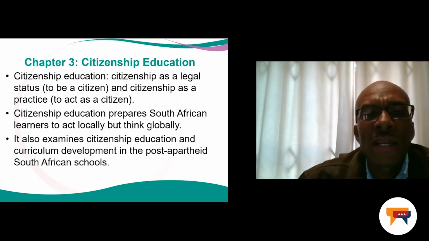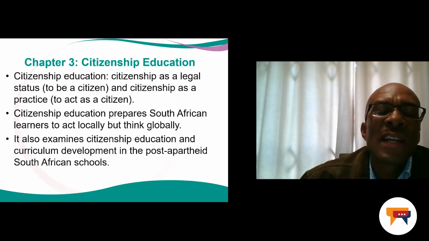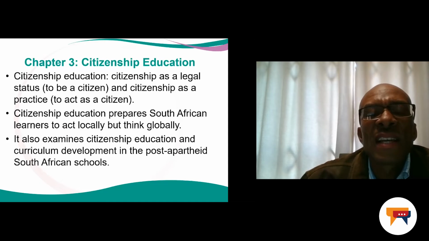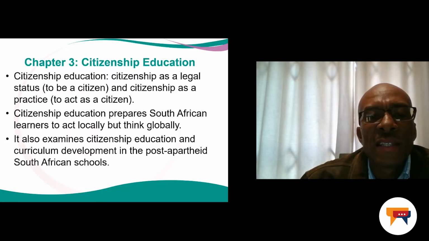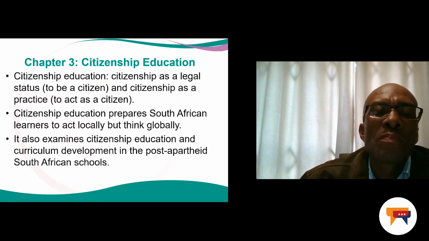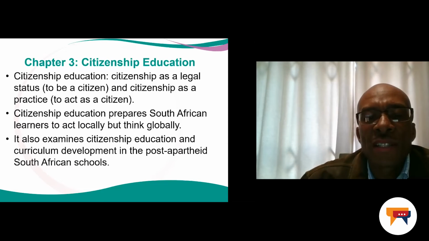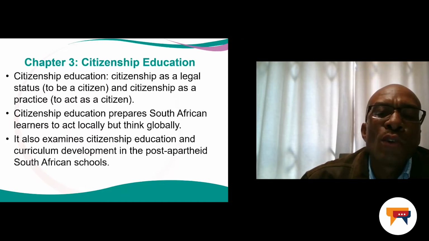In chapter 3, you'll be learning about citizenship education. Citizenship education is a legal status. It's all about how to be a citizen. It is also a practice, meaning it deals with how to act as a citizen. Moreover, citizenship education prepares South African learners to act locally, but think globally.